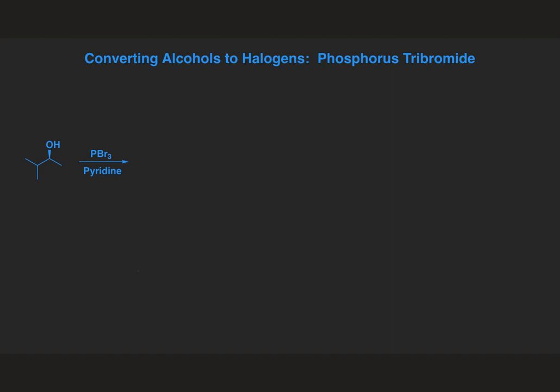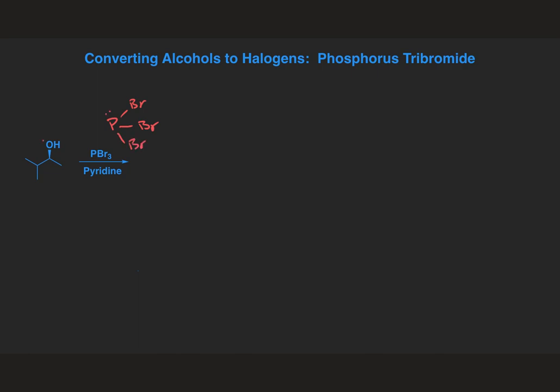HBr will also convert an alcohol into a bromide, but again, that's going through a carbocation. And so if I wanted to do it more cleanly, you would choose to use phosphorus tribromide, or PBr3, to do that. In this reaction, PBr3 is going to react as an electrophile, and I'm going to redraw that so we can see the bonds here.